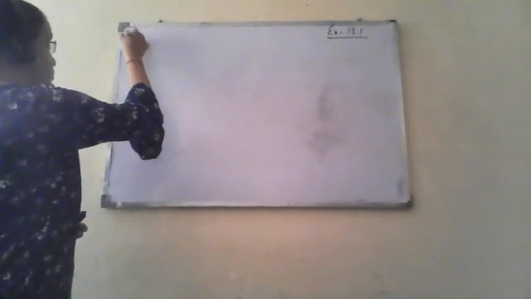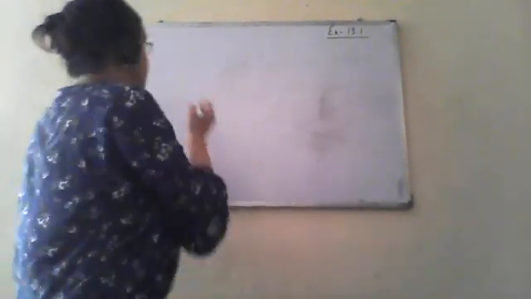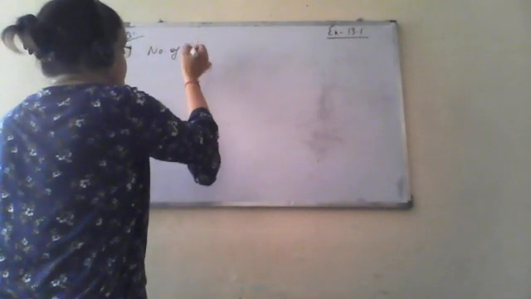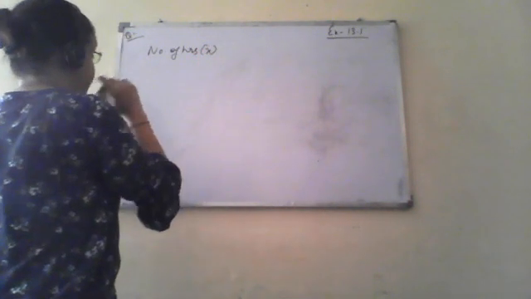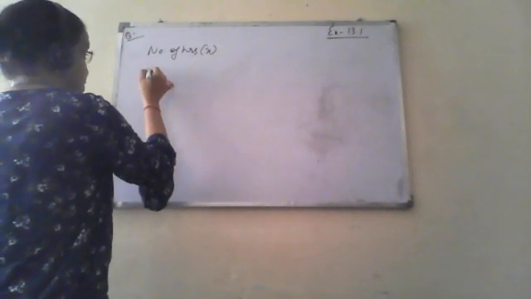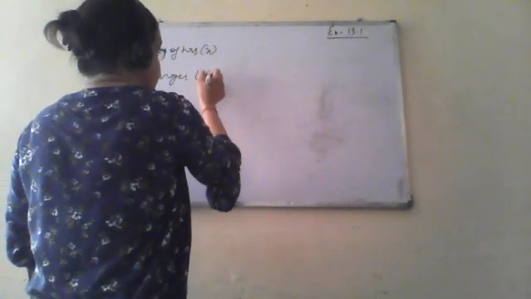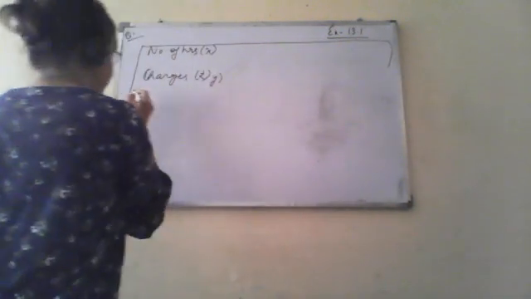So what we have been given, this is question number 1: the number of hours and the parking charges. So we have the number of hours, and this is our x, and the parking charges, or we can simply write the charges in rupees. This is our y. Okay, we can make a table out of that.